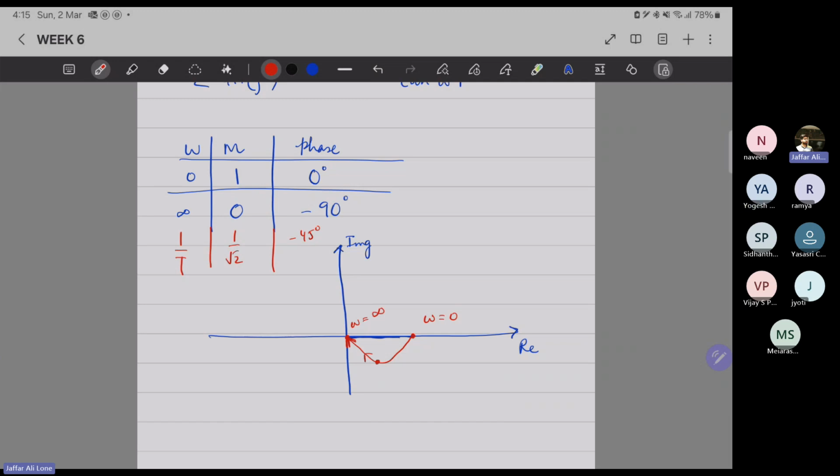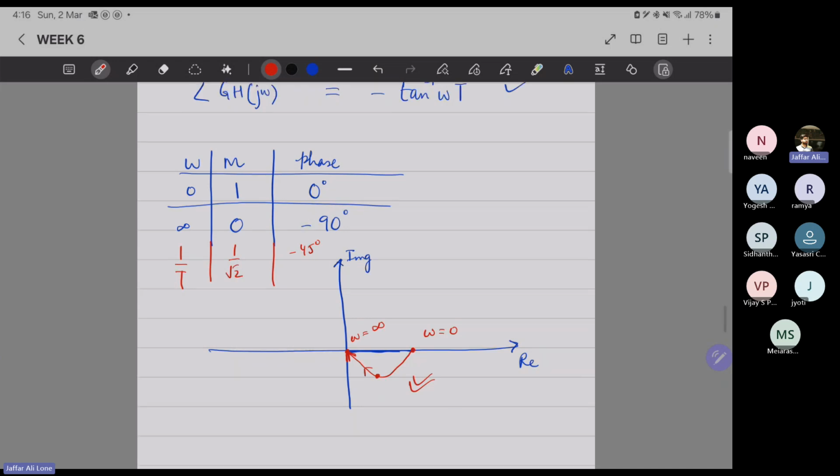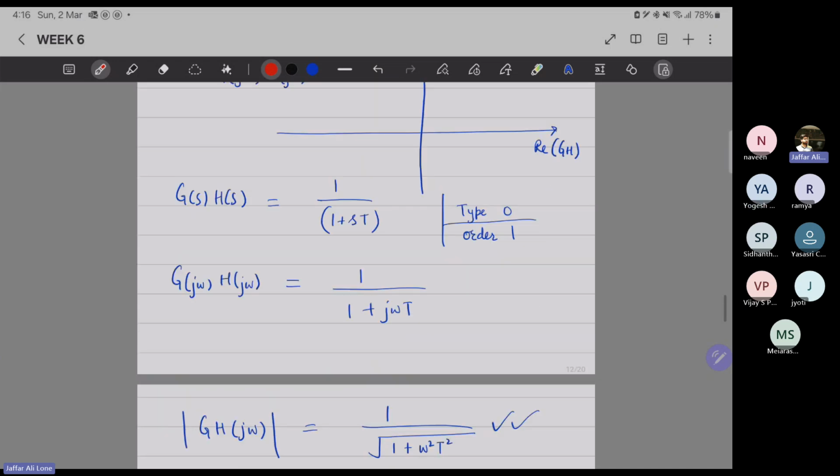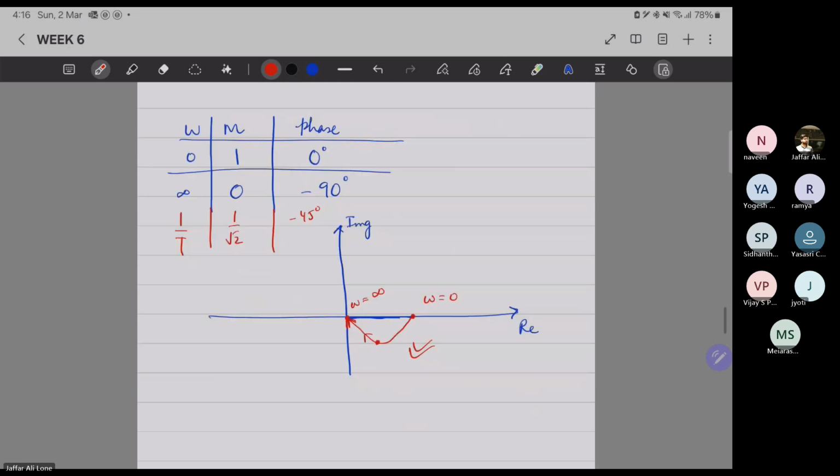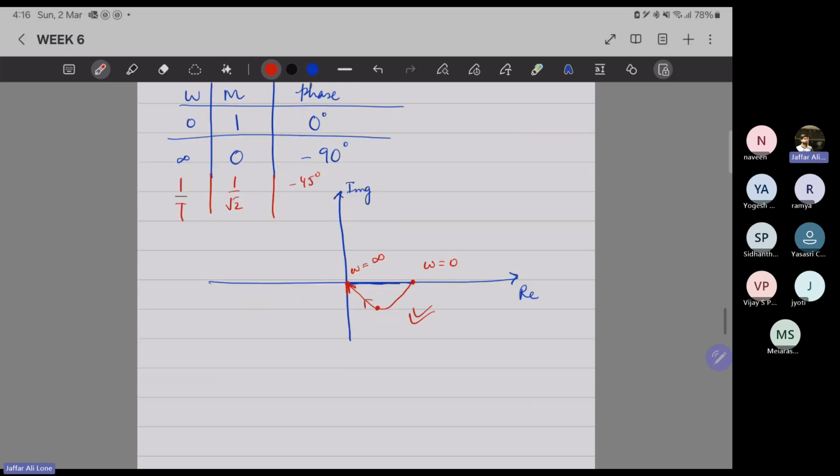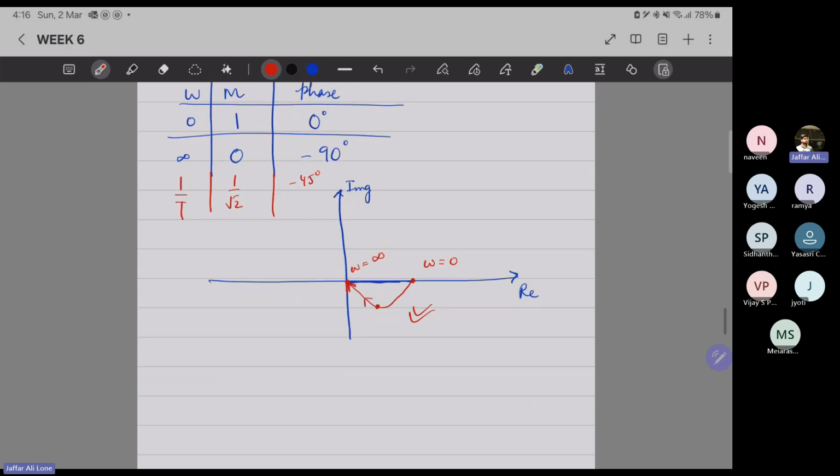So this means as I traverse from omega equal to 0 to omega equal to infinity, I'm getting a plot like this. This is the polar plot of this type 0 and order 1 system, right? So this is how my phase and magnitude is varying with respect to omega.